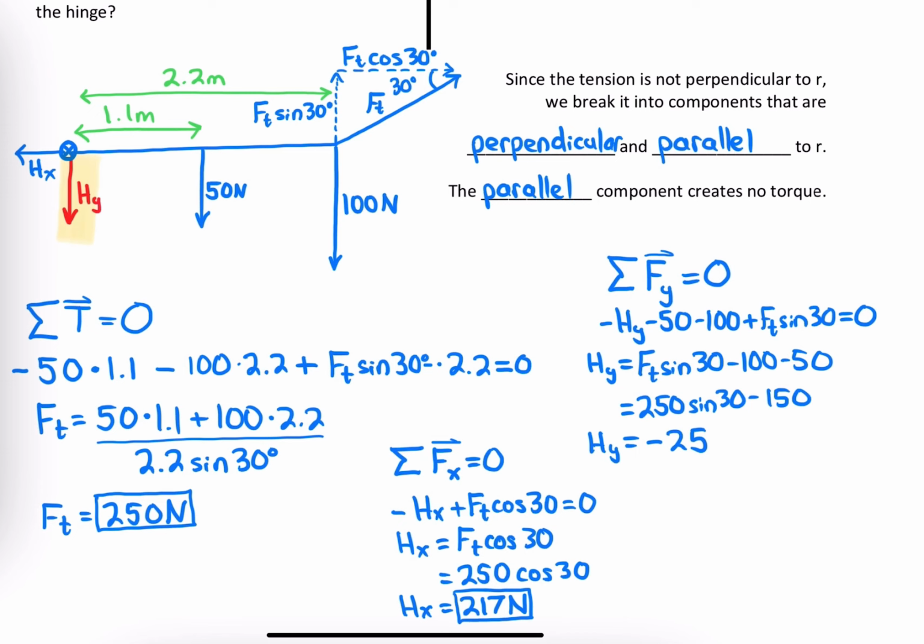So this tells us that yes, that was the wrong assumption. If it was going down, it would have to have a negative magnitude, which makes no sense. Therefore, it needs to actually be going up. So a vector that's going down and has a magnitude of negative 25 is really a vector that's going up that has a magnitude of positive 25.